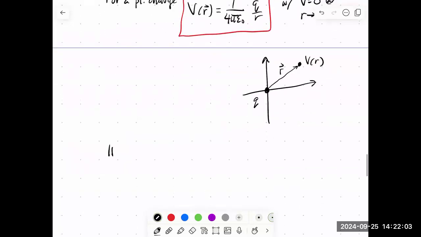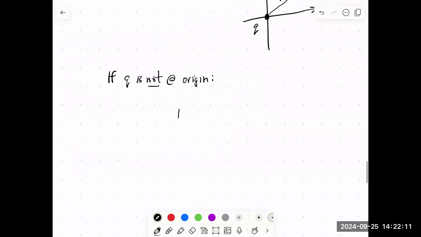So if q is not at the origin, we would have a drawing something like this. I don't need to label these axes. Here's q, and maybe I want to know the potential at this point.